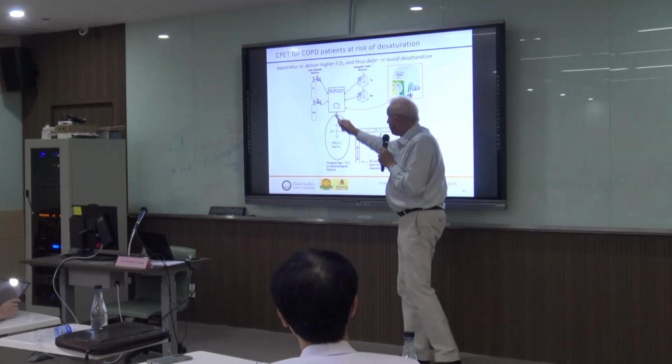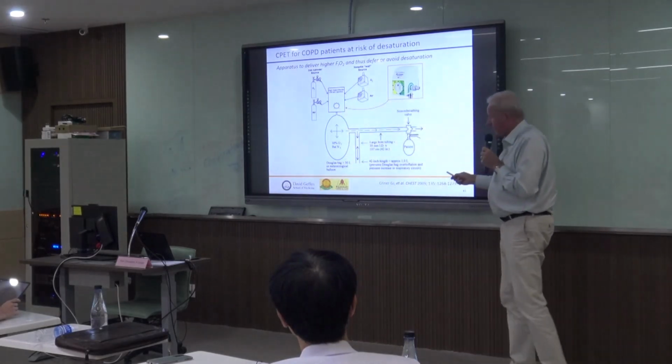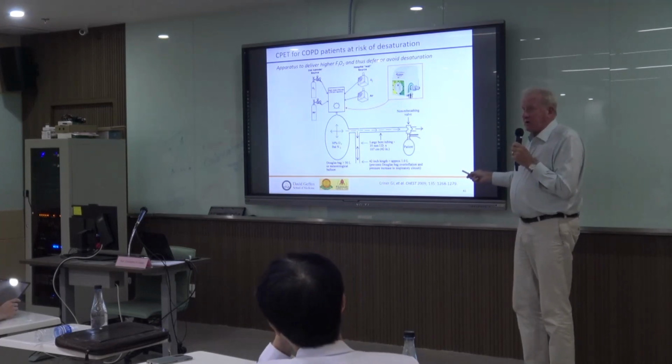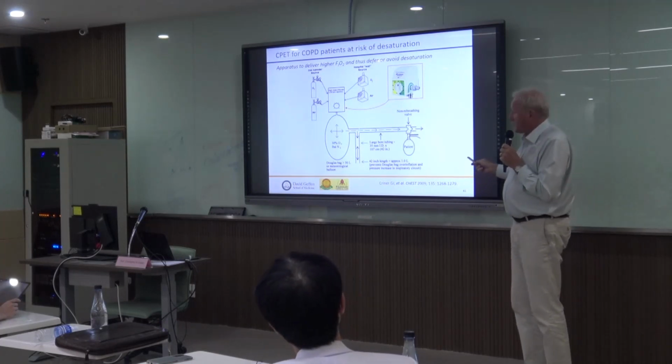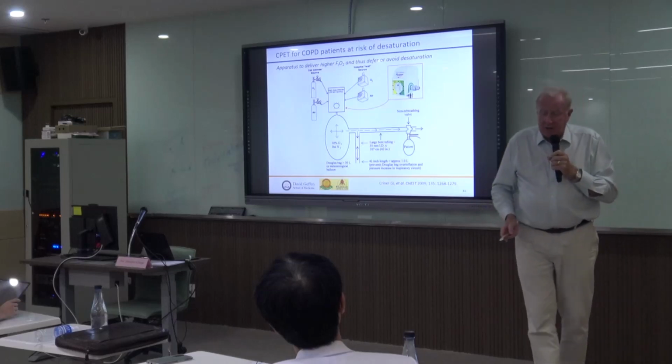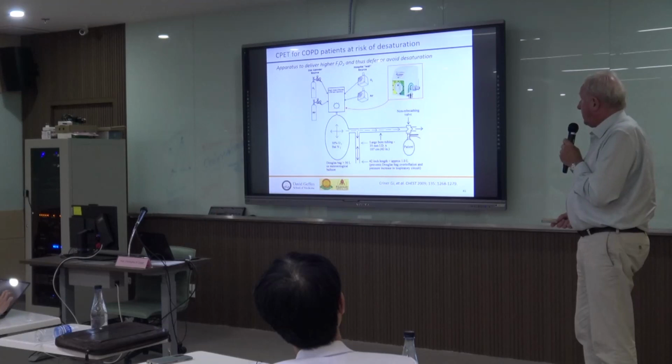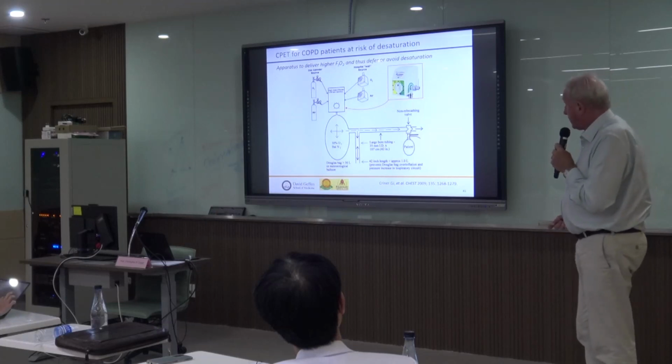This diagram is from Jerry Kreiner's publication related to the National Emphysema Treatment Trial. These were patients with severe emphysema who we tested before and after lung volume reduction surgery.